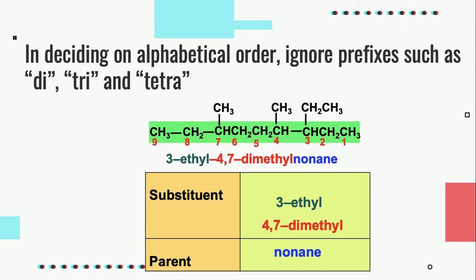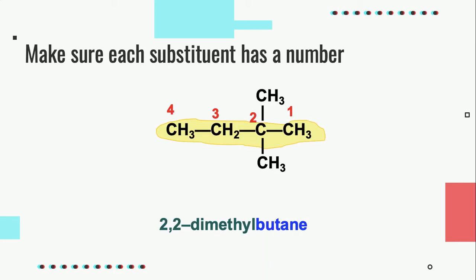However, we ignore prefixes such as di, tri, and tetra in deciding on alphabetical order, so E before M, not D. And make sure each substituent has a number.